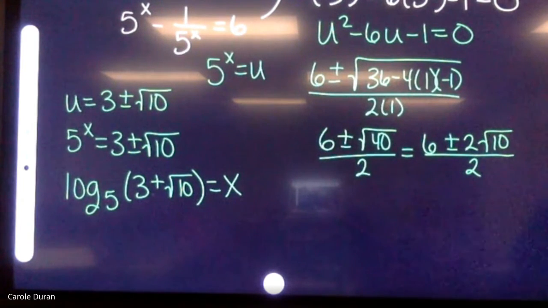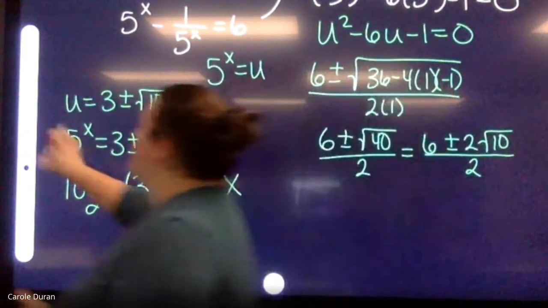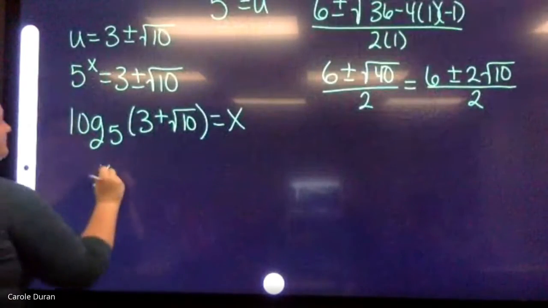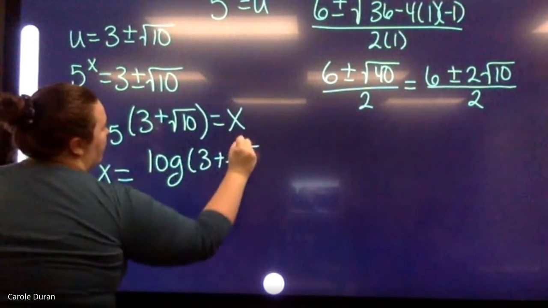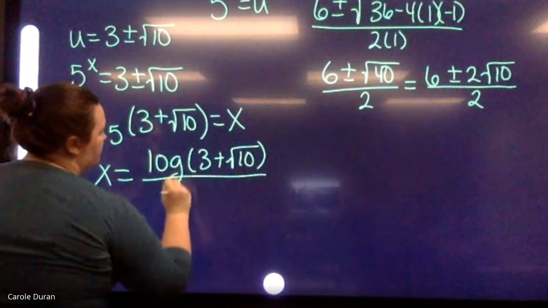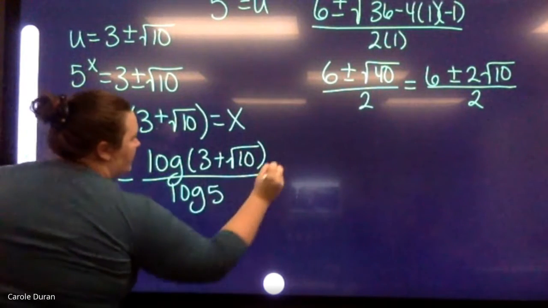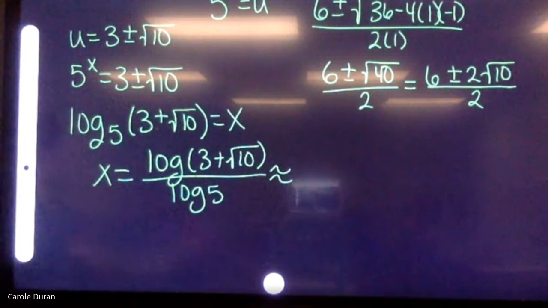And then I can just plug that into my calculator using my change of base formula. So then this becomes log of 3 plus the square root of 10 over log of 5. And I want you to plug that into your calculator and get an answer.